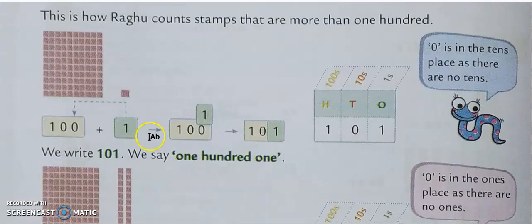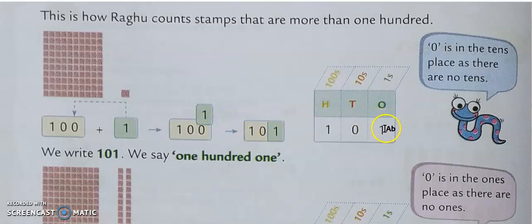So for that we will see, these 10 strips mean 100 plus 1. So plus 1 is there, 100 we are writing here, 1 we have to add in this number. So we will write like this, 101.